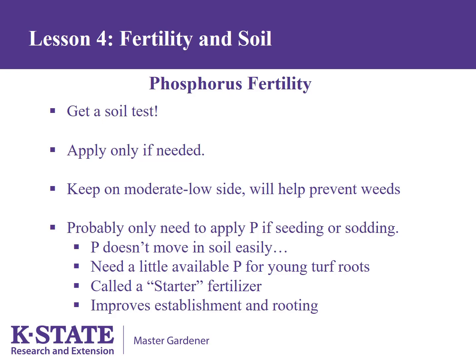Because it doesn't move and roots need it to grow and develop, you may add phosphorus when you're starting new seed or when you're sodding, because those tiny roots are not going to be able to get to all that phosphorus in that 6 inches. So you would apply a little bit when you sod or seed to help them grow, and then once they're in that soil, they're able to take up the phosphorus that's already there.